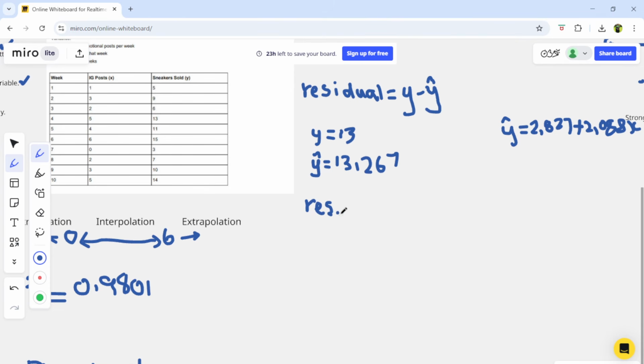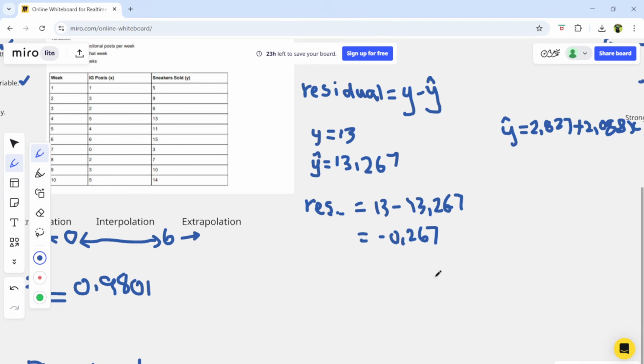So now that you have this, then you can calculate your residual. Your residual is going to be equal to 13 minus the predicted 13.267, and the answer for this is going to be minus 0.267.